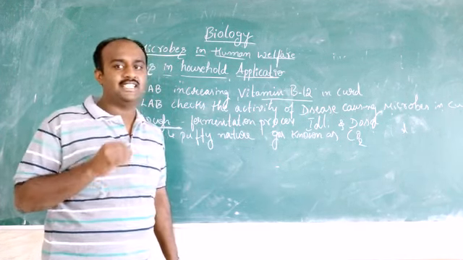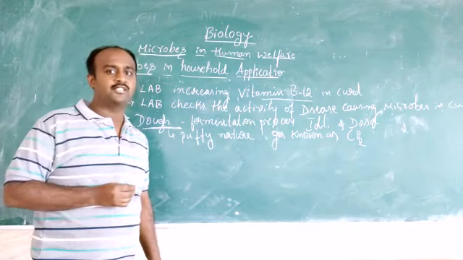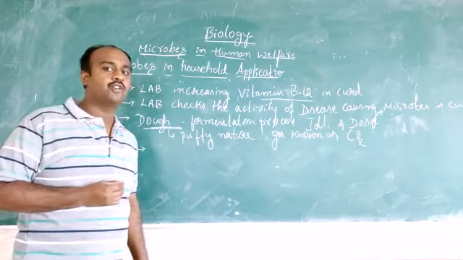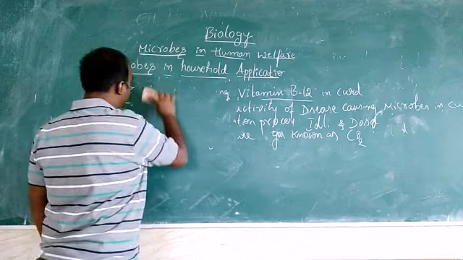of yeast. How is bread obtained, how do we prepare it? It is obtained or prepared by the fermentation of baker's yeast. The next application is bread.